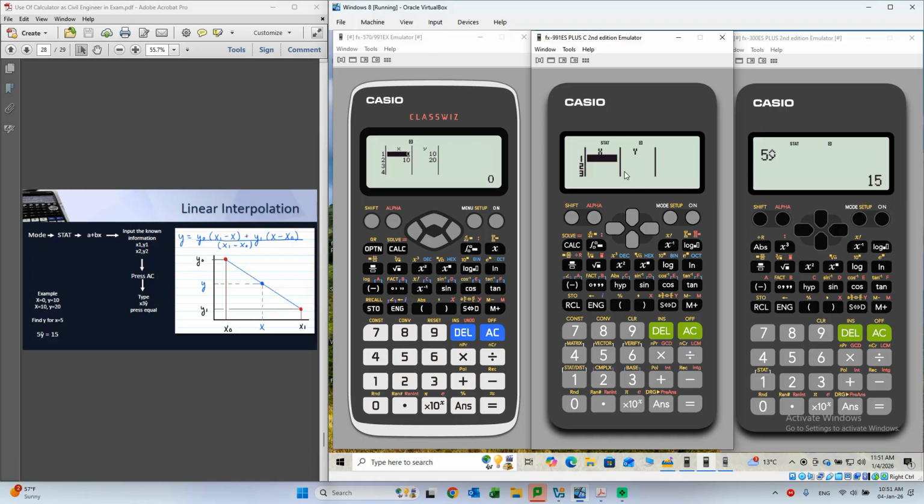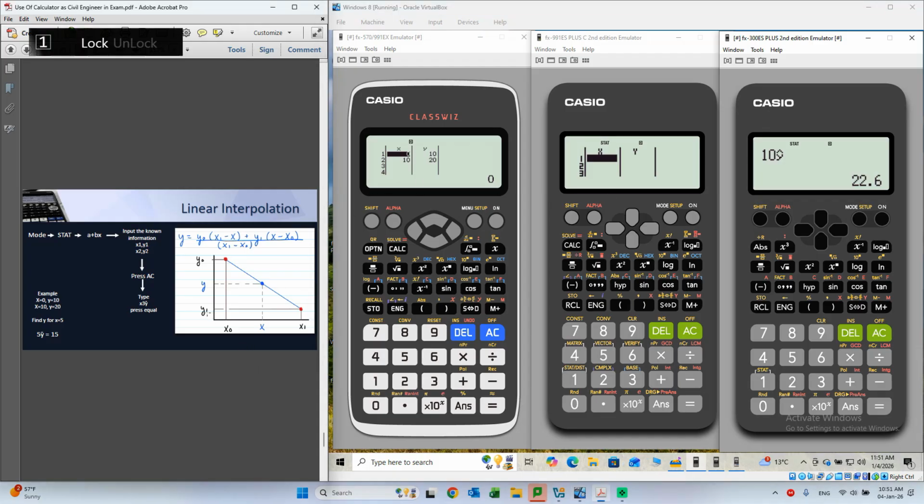This is how these two work. So if I want to change the data, I'll go back here, go to number 2. For example, I'll say 4, I have 14, then I'll put the values for y. Then I press AC, and any number I want to calculate for, I can simply calculate the interpolation for it.